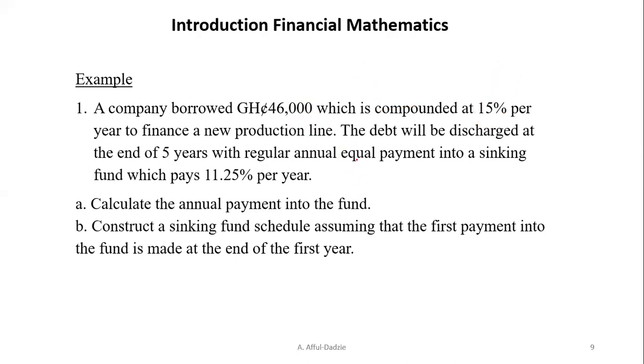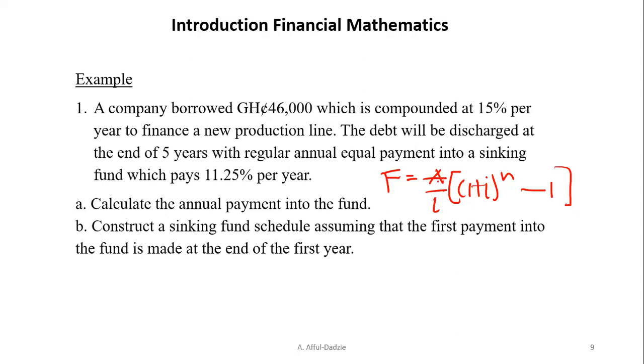Then the next thing is, because the sinking fund is for a future value and you have to find the annuity, we are interested in F = (A/i)((1 + i)^n − 1). This is the expression you should use to find A.